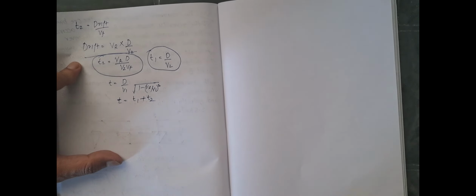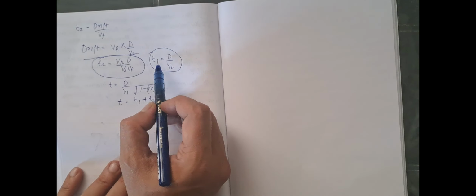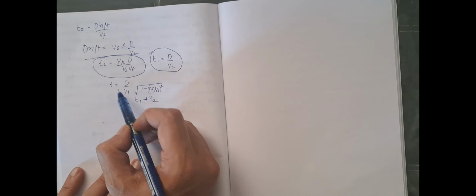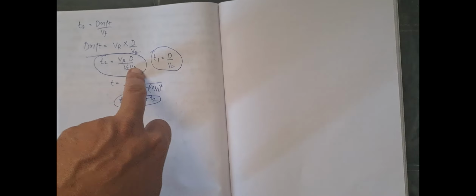Time taken by both swimmers to reach point B is same. So we just have to substitute all these values T1, T2, T in this equation. We know everything, we just have to find out Vf.